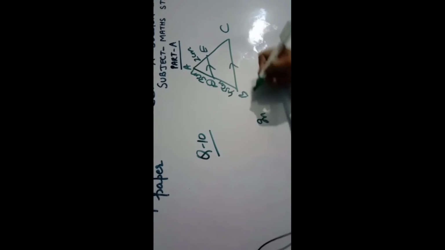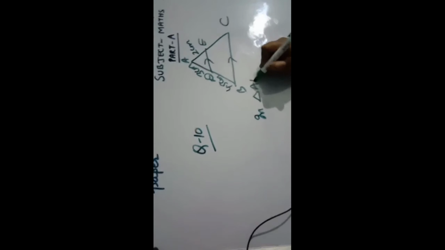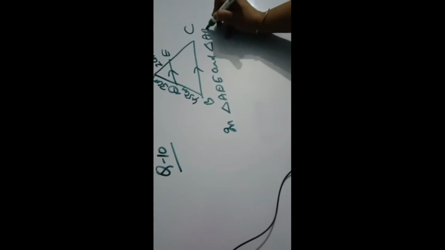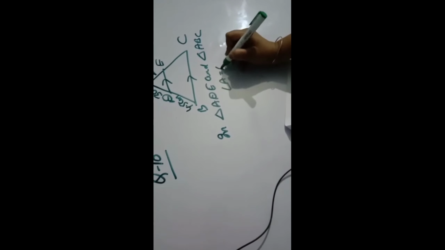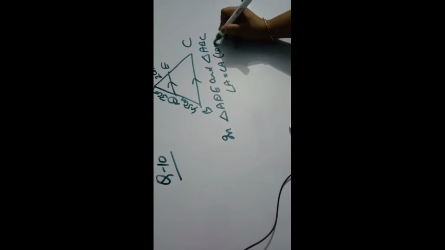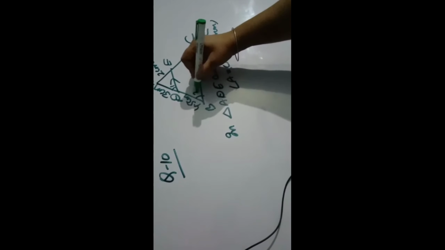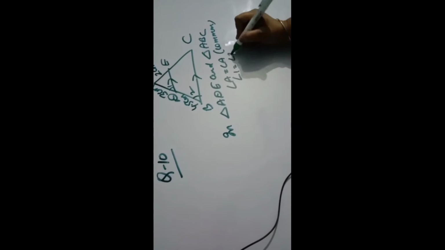Now in triangle ADE and triangle ABC, you see angle A is equal to angle A because it is common. Suppose this is angle 1, this is angle 2. Angle 1 is equal to angle 2 because they are corresponding angles.